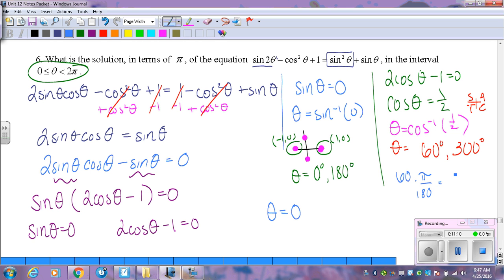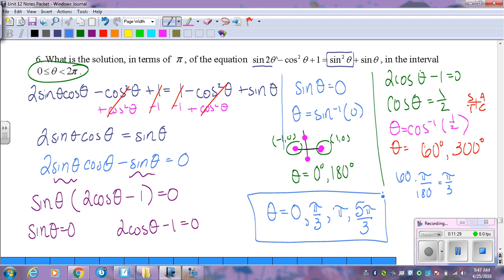That's going to reduce and give you pi over 3. So the next one would be pi over 3. All right, 180 is the next biggest value. That's just pi. And then 300, if I multiply that by pi over 180 and reduce it, I end up with 5 pi over 3. And that is my radian value.